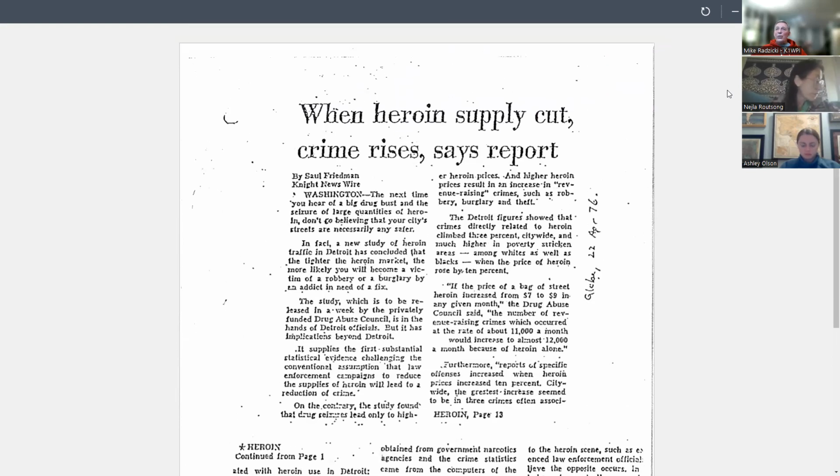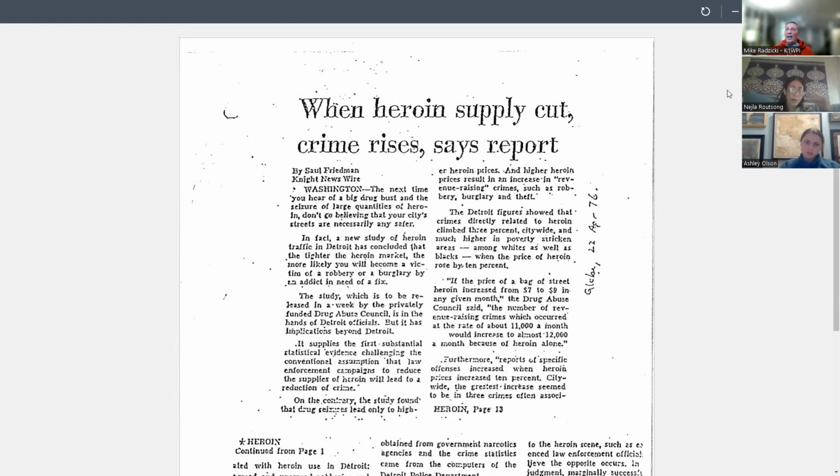So Mr. Saul Friedman here has a very vivid description of this issue, right? There's some counterintuitive behavior here, at least at the time it was counterintuitive. When the police are successful in fighting the drug wars, they seize heroin.